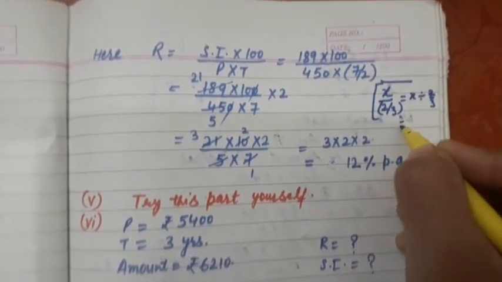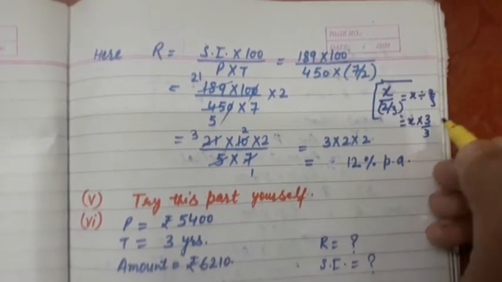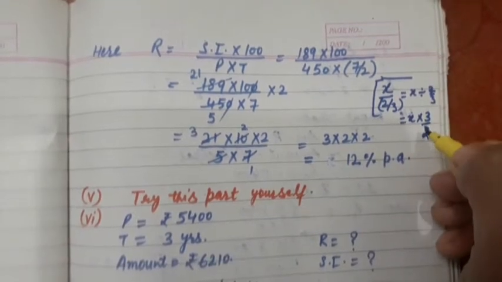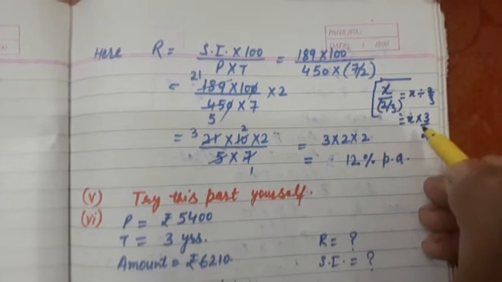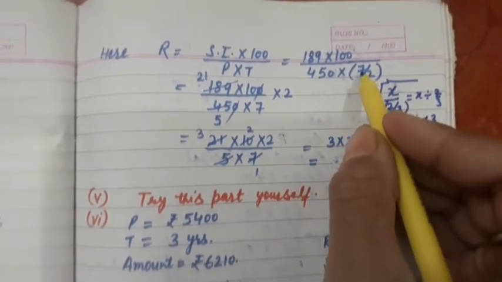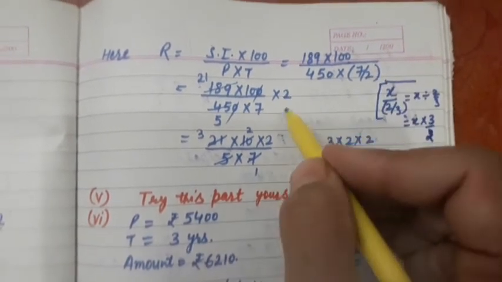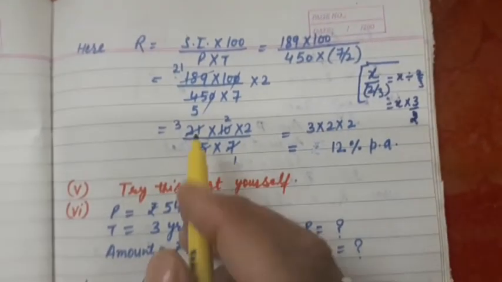When we change it into multiplication, it is x into 3 upon 2, means the reciprocal. Similarly, when this 3 goes into multiplication here, 2 is already in the denominator as it is. In the same way, 7 will be in the denominator, but 2 goes into multiplication. So in this way we have to do all these questions, and then we will calculate this.